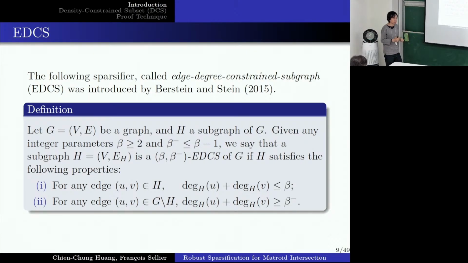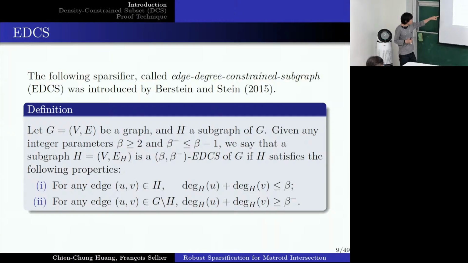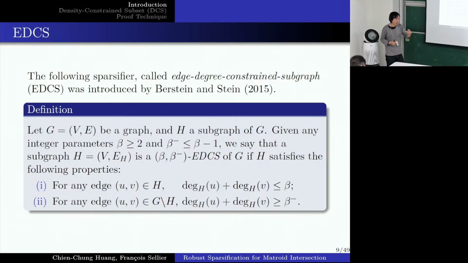How about the second thing? The second property essentially says that the purpose of H is to keep the size of the matching big. So if I decide to throw away some edges, if some edge is part of G but not part of H, I should guarantee that I have enough substitutes.